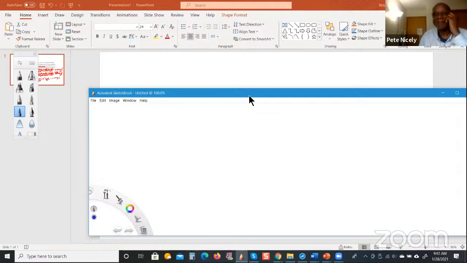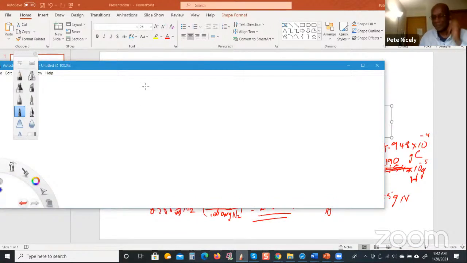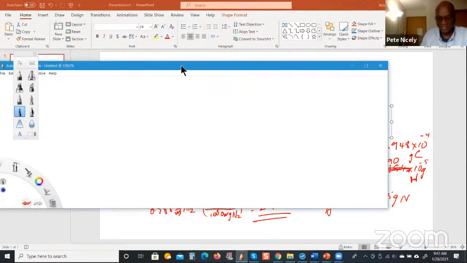what we have to do is add the masses of the carbon. So let me see if I can write that here. Well, the mass of the compound itself is 0.1000 grams.